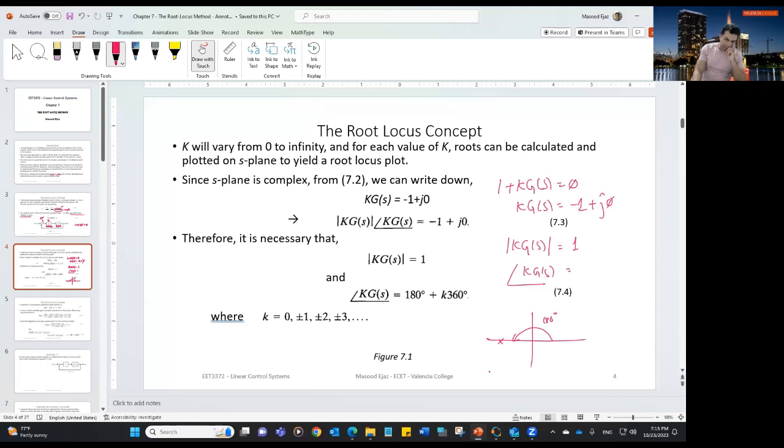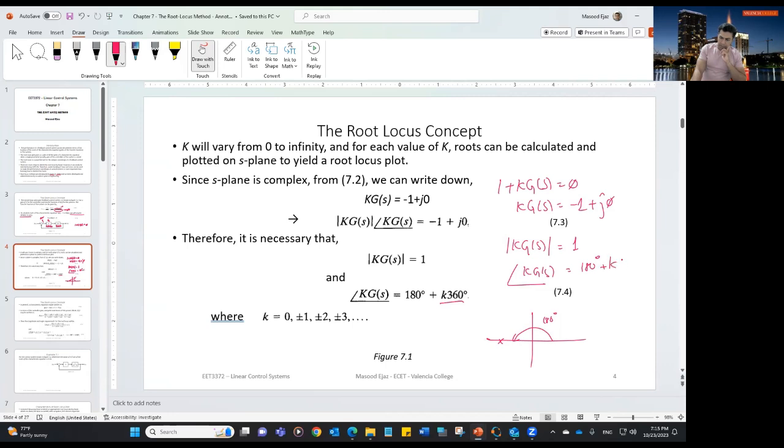So anytime you have a negative real number in the complex plane, that number which lies on the negative real axis has the phase of 180 degrees. So the phase of KGS is 180, or of course it can be repeated plus K times 360 degrees.